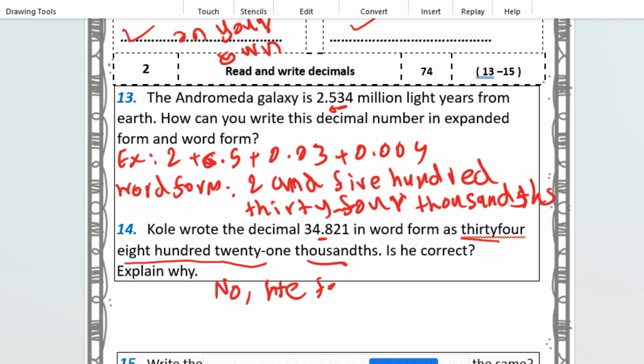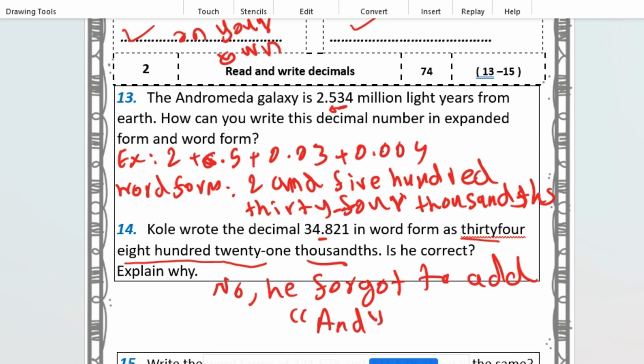He forgot to add the word and. So basically he forgot to put the word and instead of the decimal point. So what he wrote is correct, but he just forgot to put the and.